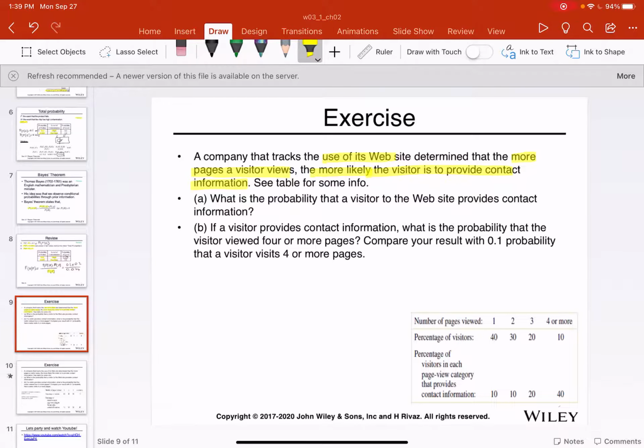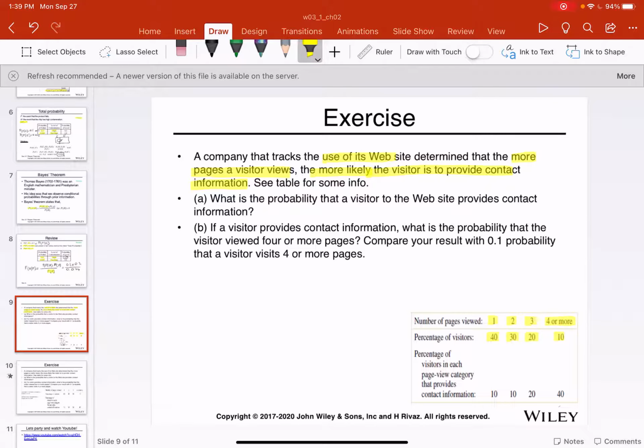So if the visitor visits more pages of a website, then when that visitor is asked for contact information, it's more likely that that person provides it. Right? So we see the numbers here, right? So 40% of visitors visit one page, 30% visit 2 pages, 20% visit 3 pages, and 10% visit 4 pages or more, right?